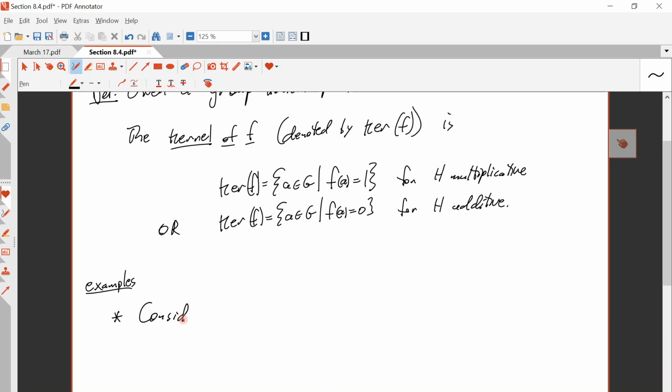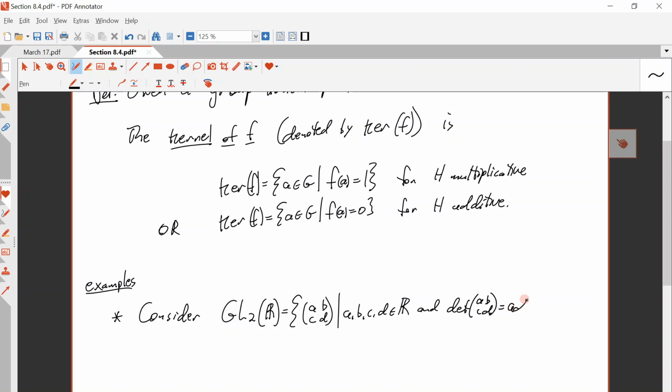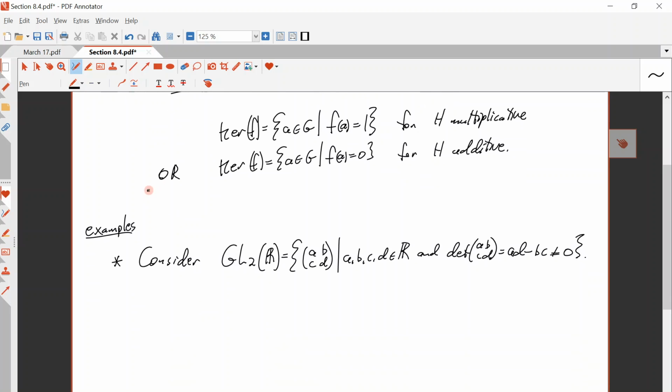Consider the general linear group of 2 by 2 matrices over R. It's the set of all 2 by 2 matrices (a, b; c, d) such that a, b, c, d are in R, and the determinant of that matrix, which is ad minus bc, is not 0. That's a multiplicative group.